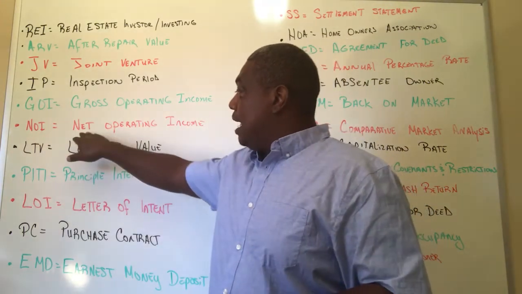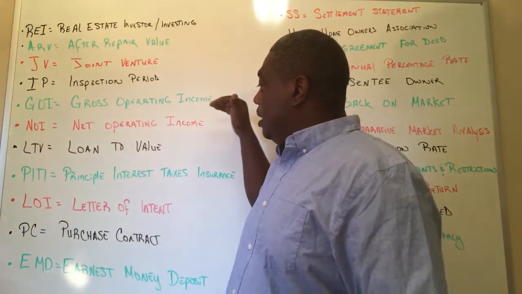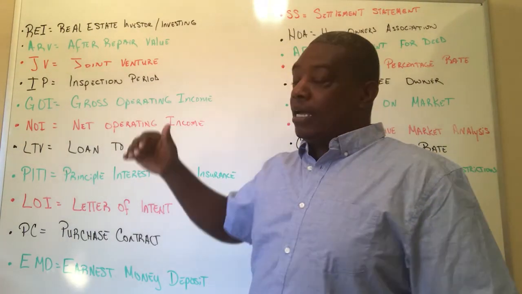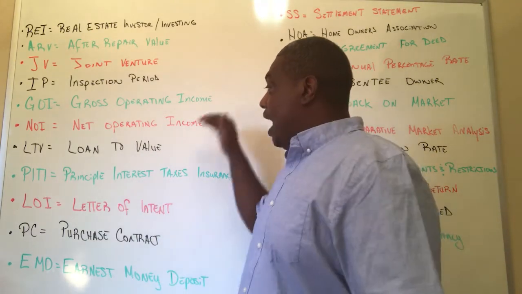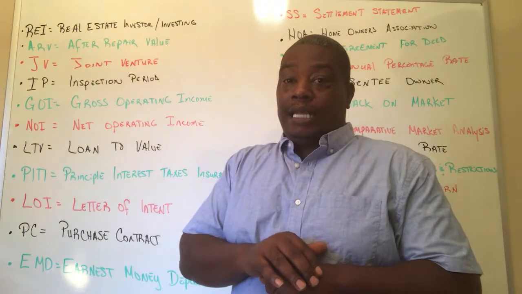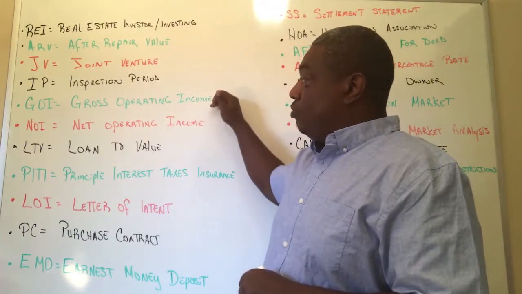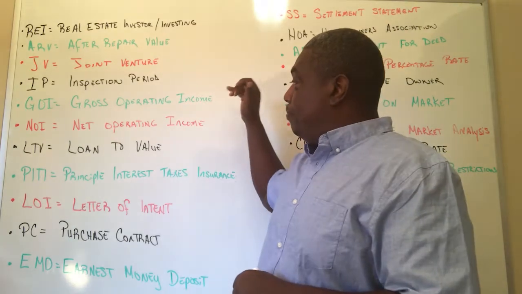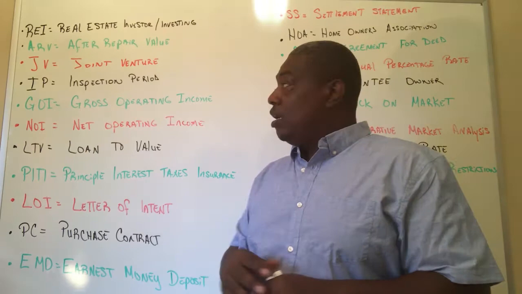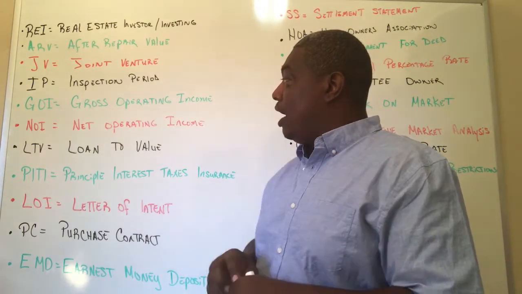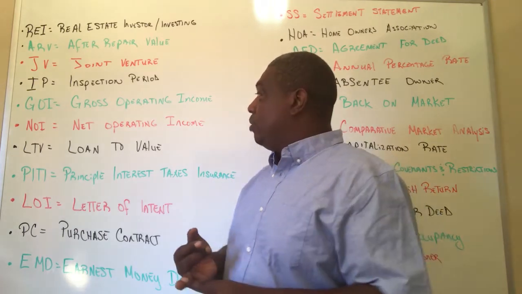Then next is NOI, which is net operating income, and this is the income that goes directly to you, into your pocket, your bank account, whatever, after all expenses are taken out. So using that same example of the 2 rental properties, both bringing in $500 a month gross, but then let's say on each one you have insurance and taxes that are $50 a month.